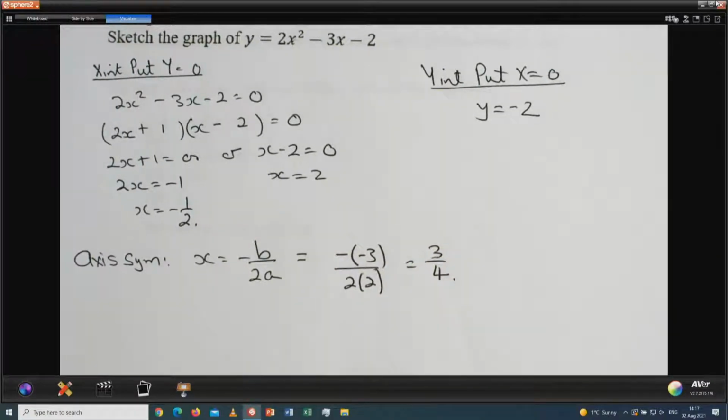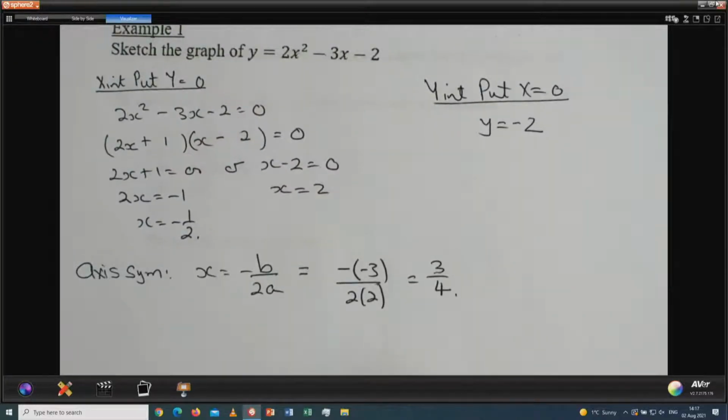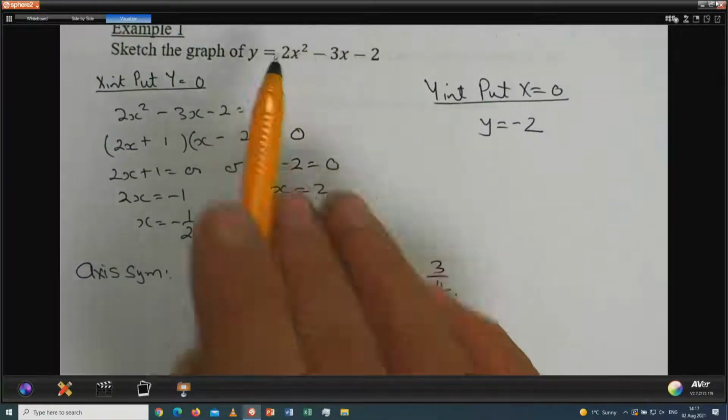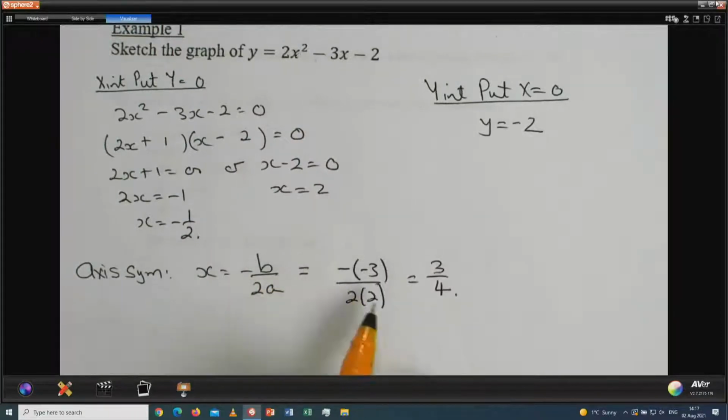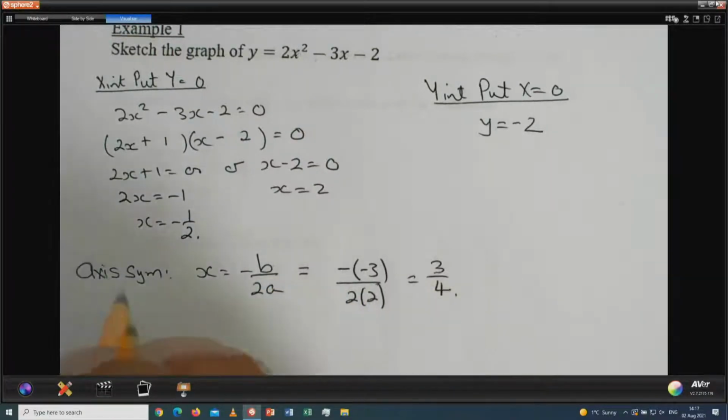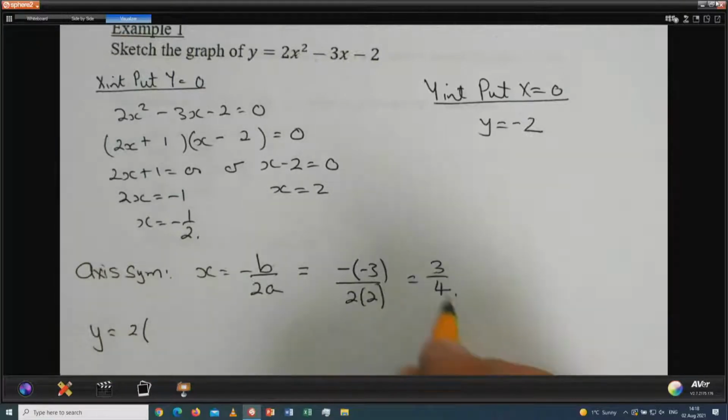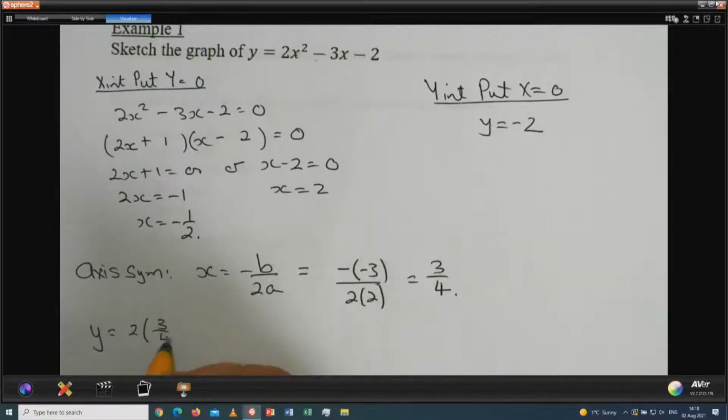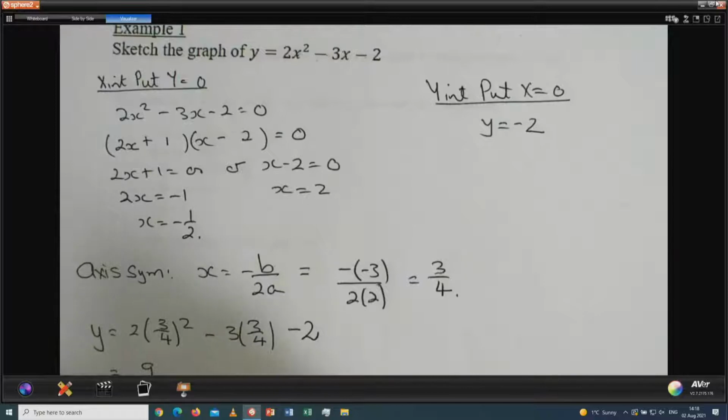Right, once again, the b value is negative 3 and the a value is 2, so I'll substitute b equal to negative 3 and a equal to 2, and I'll simplify. Now to find the turning point, we say that y is equal to 2 times 3 over 4 squared minus 3 times 3 over 4 minus 2, and that is 9 over 16, and then 2 goes into 16 8 times, so it's 9 over 8 minus 9 over 4 minus 2 over 1.